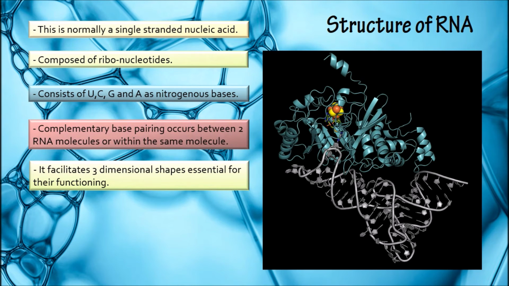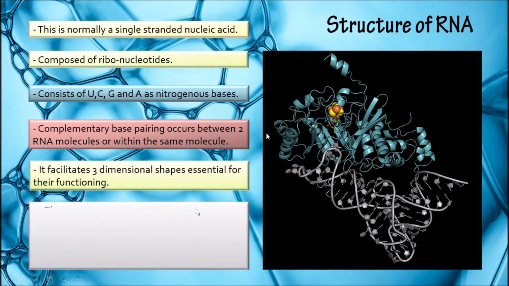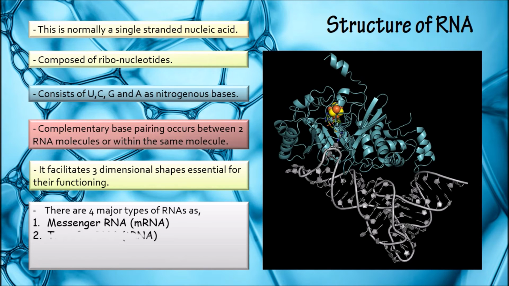Complementary base pairing facilitates a three-dimensional shape that is essential for their functioning. There are four major types of RNAs: messenger RNA, transfer RNA, ribosomal RNA, and regulatory RNA.